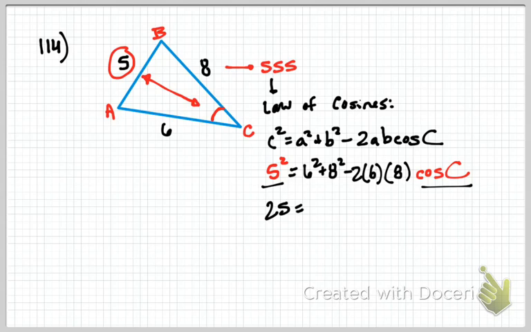25 equals 100 minus 96 cosine of C. Don't combine these. You just subtract 100.